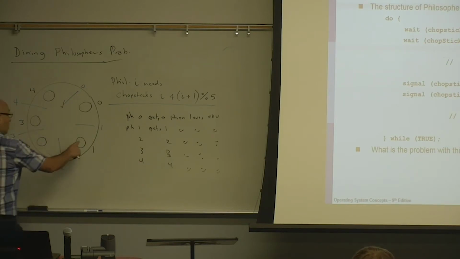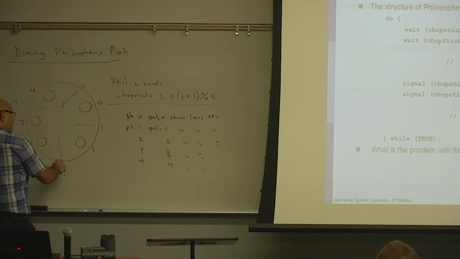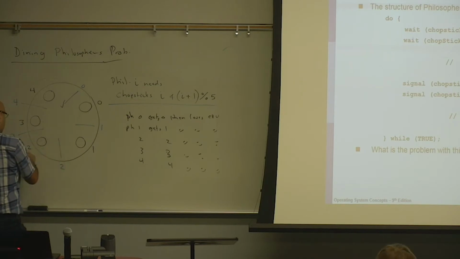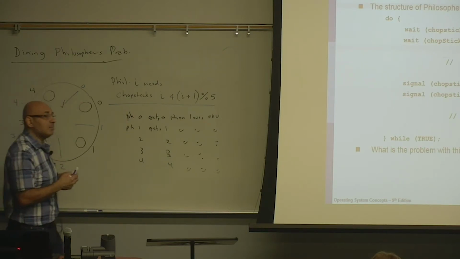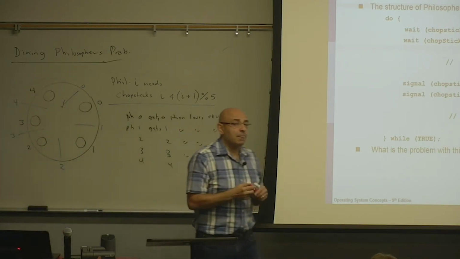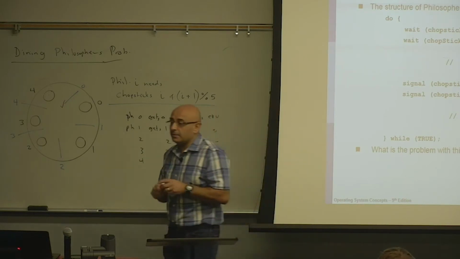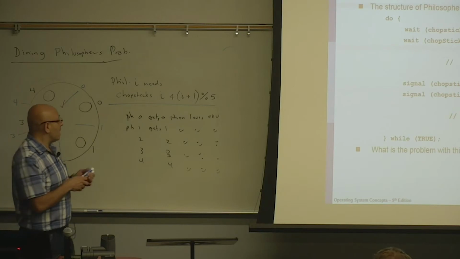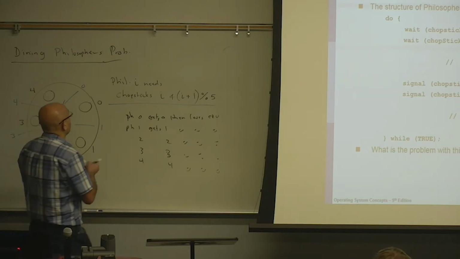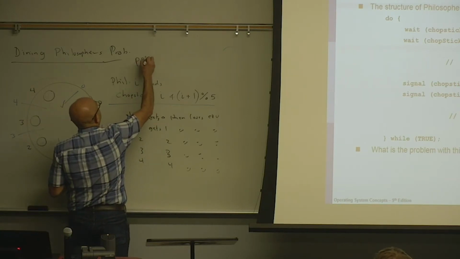And philosopher 1 is waiting because he's waiting for this. Same for philosopher 2, he's waiting for this, and 4 is waiting for this, and each one of them is waiting for a chopstick that is held by another philosopher. So in this case, a deadlock is possible.